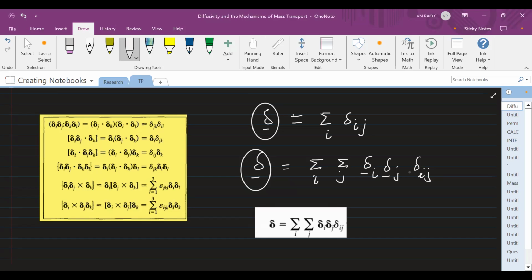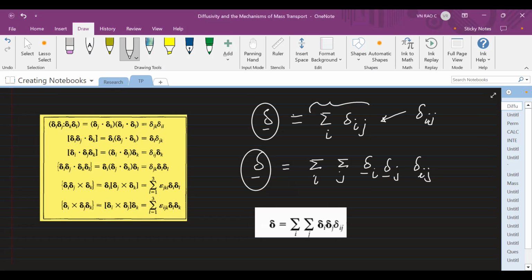If I use delta ij as a scalar, and I is equal to 1 to 3 and j is equal to 1 to 3, and if I'm able to write in this way, the components are expanded, I can say this is a unit vector. So this is a unit vector.